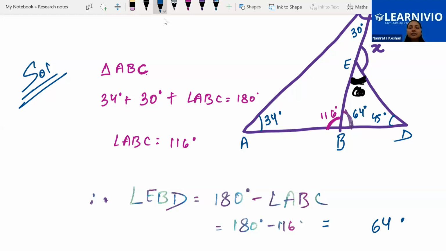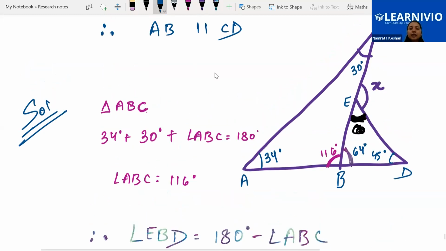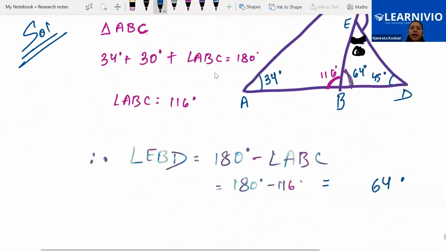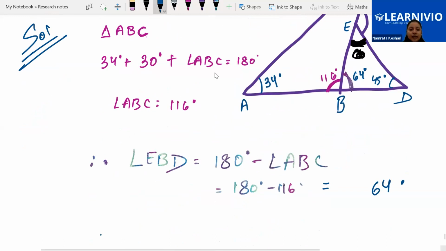Black angle, can you find it? I am talking about angle BED. In triangle BED, angle sum property we can apply. Angle B plus angle E plus angle D is equal to 180.